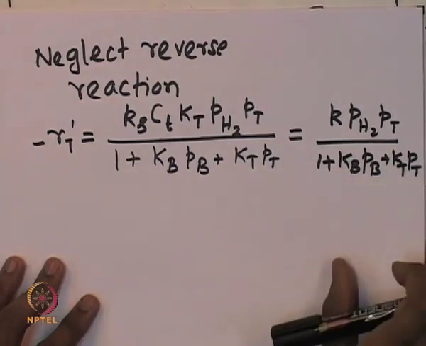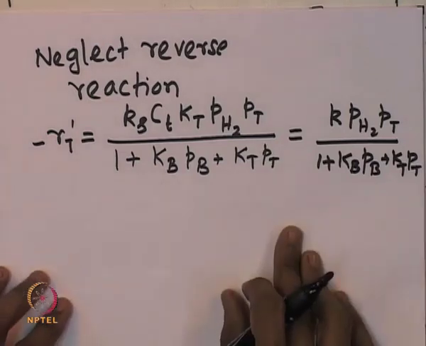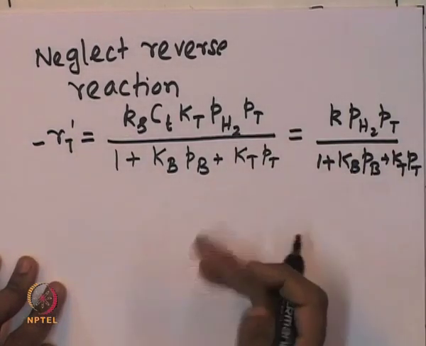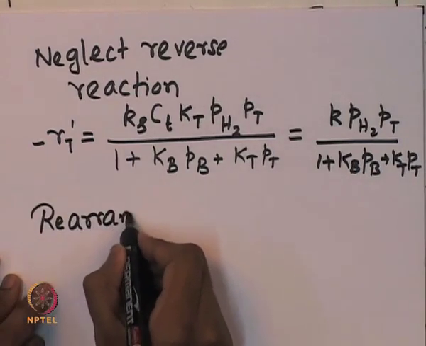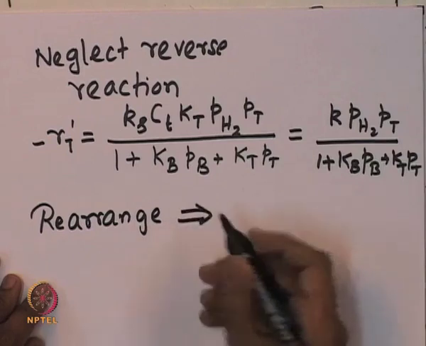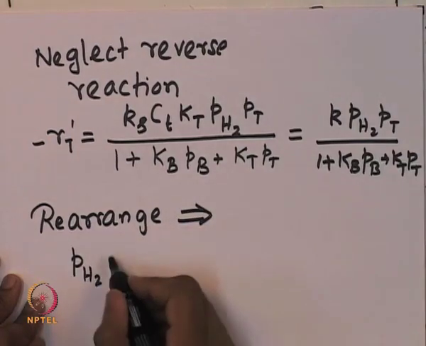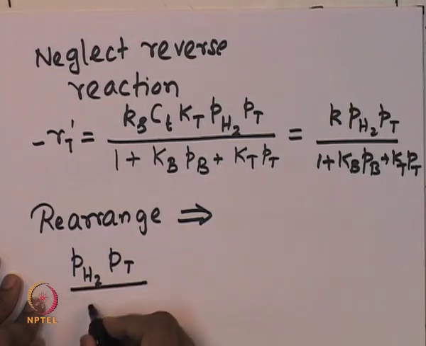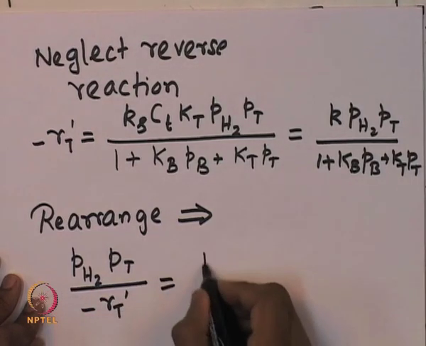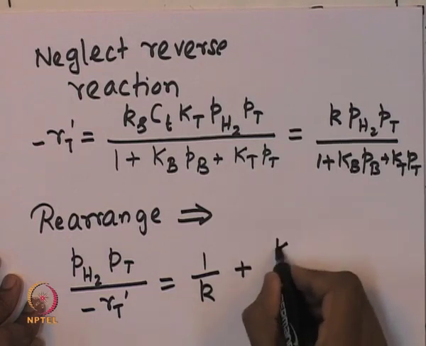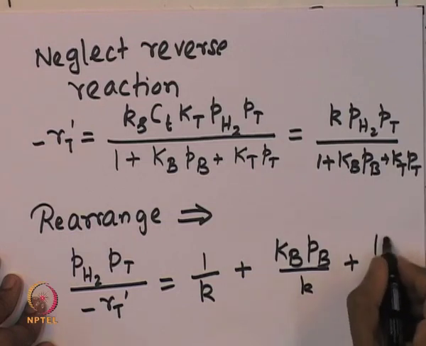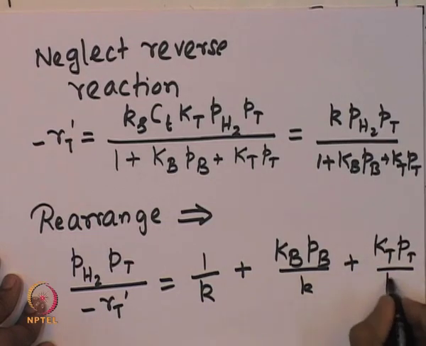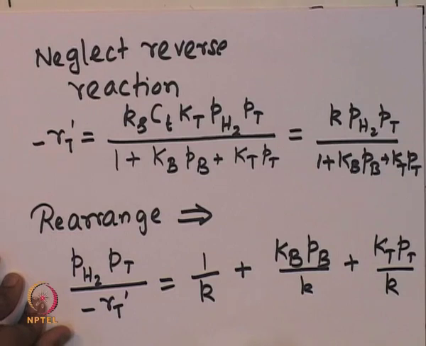Now we can rearrange this expression: partial pressure of hydrogen, partial pressure of toluene divided by the corresponding rate should be equal to 1 by K plus K b P b divided by K plus K t P t divided by K. The final form of the rate expression is a linear equation.